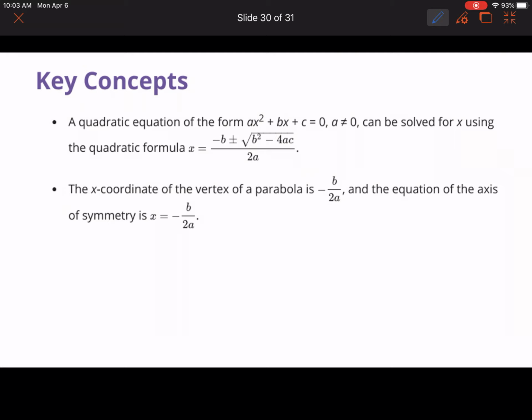X equals negative b plus or minus the square root of b squared minus 4ac all over 2a. The more you say it, the more you remember it. The x-coordinate of the vertex of a parabola is negative b over 2a, and the equation of the axis of symmetry is the same. So that is something we're having a little bit more difficulty finding, the axis of symmetry. This is going to help.